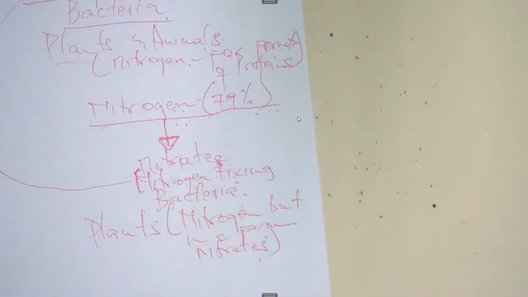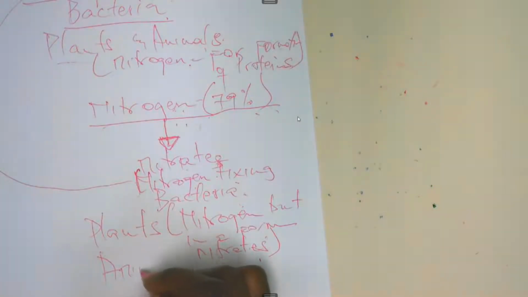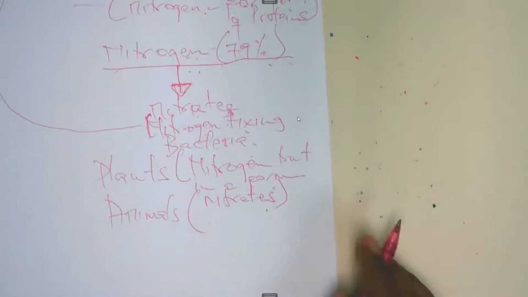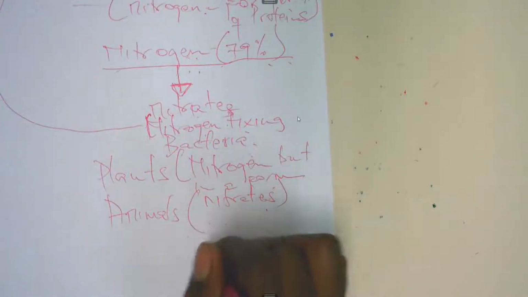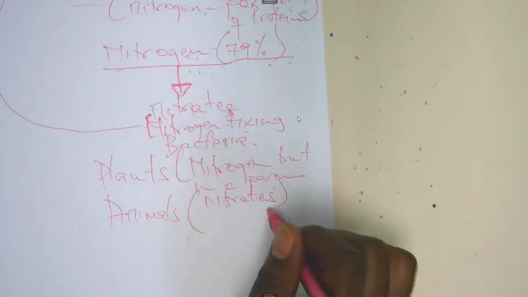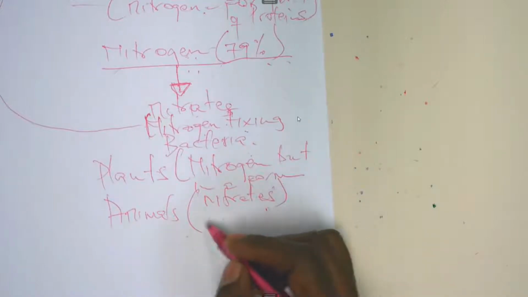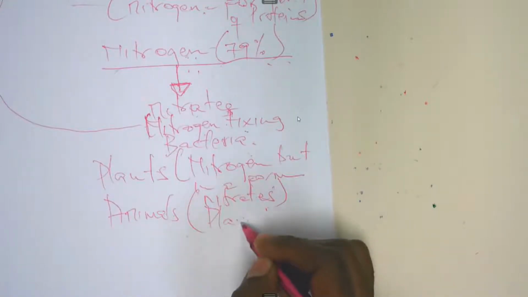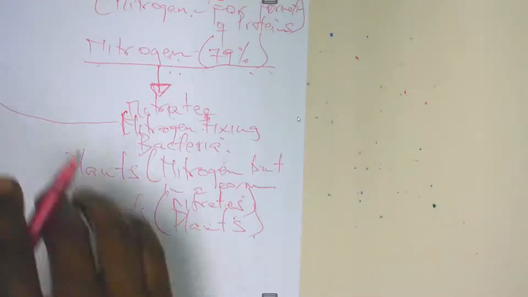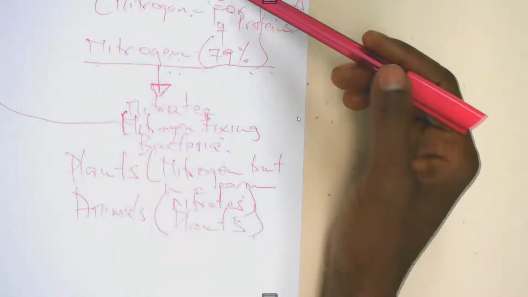And what about the animals? Animals will now get nitrogen in the form of nitrates from the plants that they eat. So animals will get this nitrogen from the plants. So that is all about the nitrogen fixing bacteria.